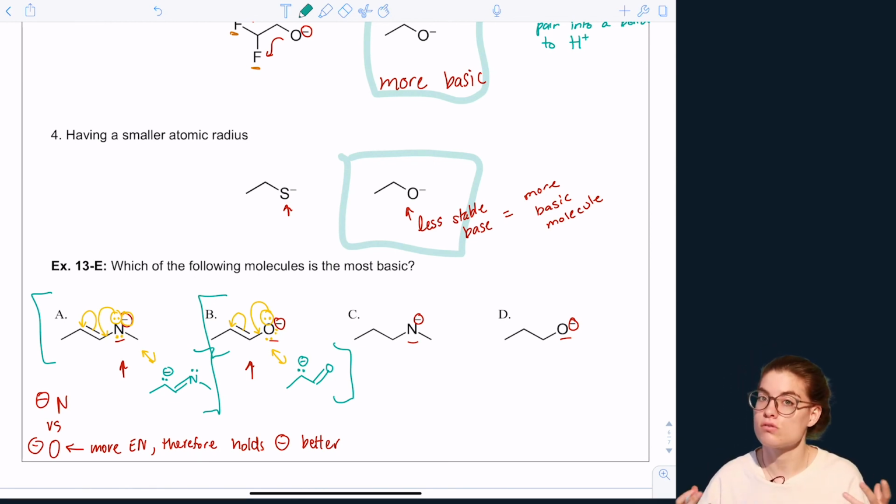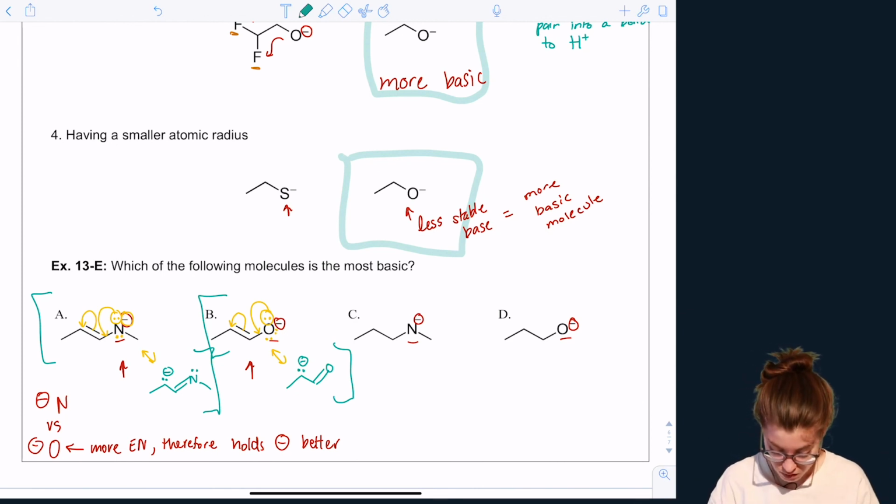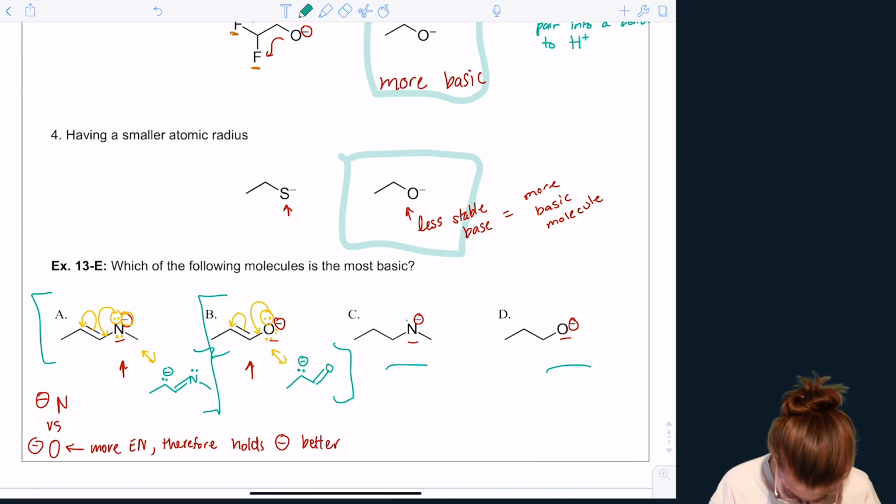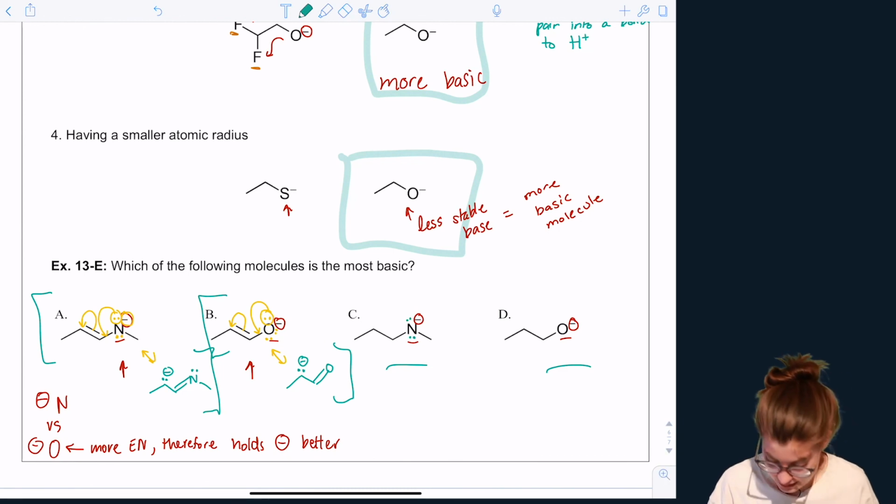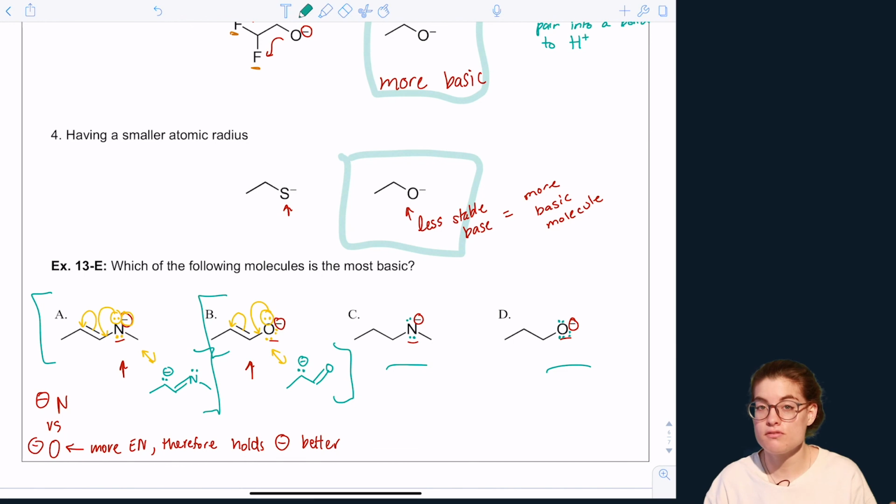Okay, so that means that those lone pairs that need to go out and grab a proton are delocalized to some degree. Whereas C and D, neither of those have resonance, so the lone pairs are just chilling on their atom, and they have nothing else to do, they have nowhere else to go, and so they are very available to go out and grab a proton.